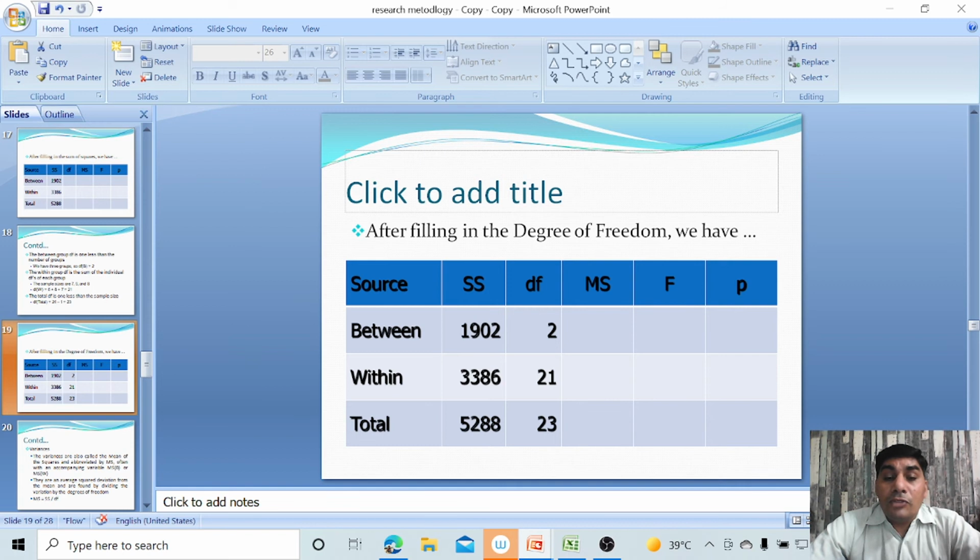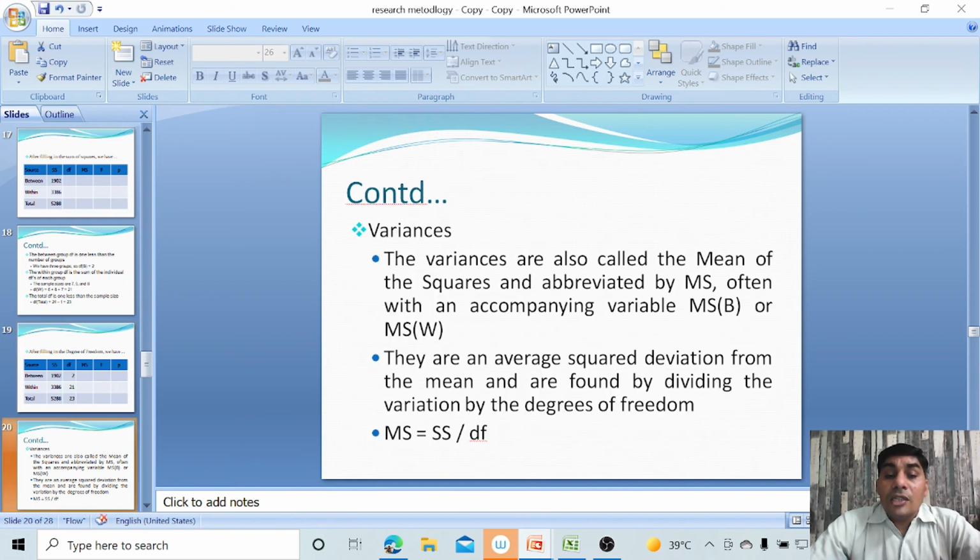The degree of freedom between groups is 2, the degree of freedom within the group is 21, and the total degree of freedom is 23. In the next step we have to find the mean of squares. The variances are also called the mean of the squares, abbreviated MS, often with the accompanying variable MSB or MSW.